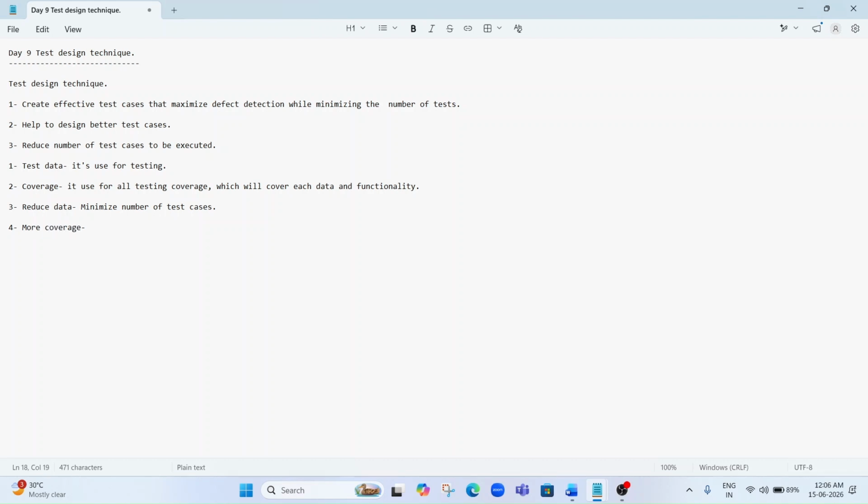Test all the positive and negative testing scenarios. We cannot skip any high-impact scenarios, so we will cover them in the coverage.